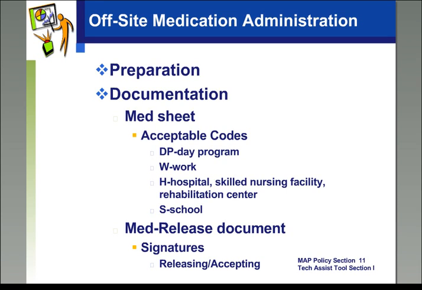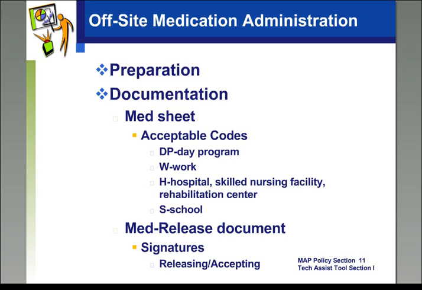If you have individuals who receive meds off-site, I'll check the med sheet to see that the correct code was used. The DP, W, and S codes are self-explanatory. Progress notes are not needed. If the H code is used, I will also expect to see one progress note indicating where the person is.